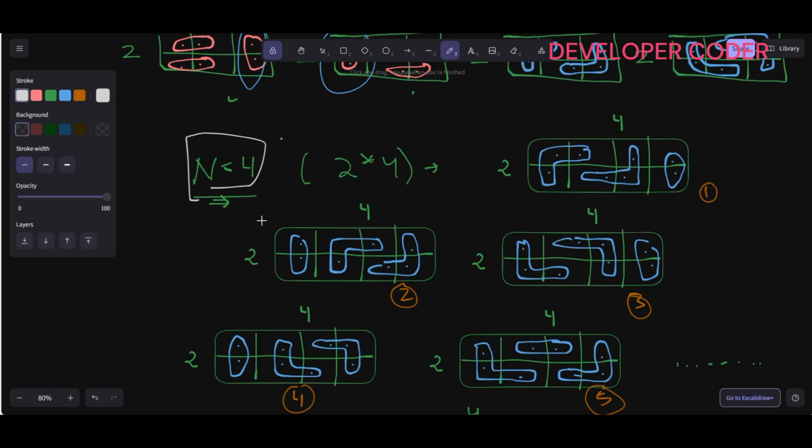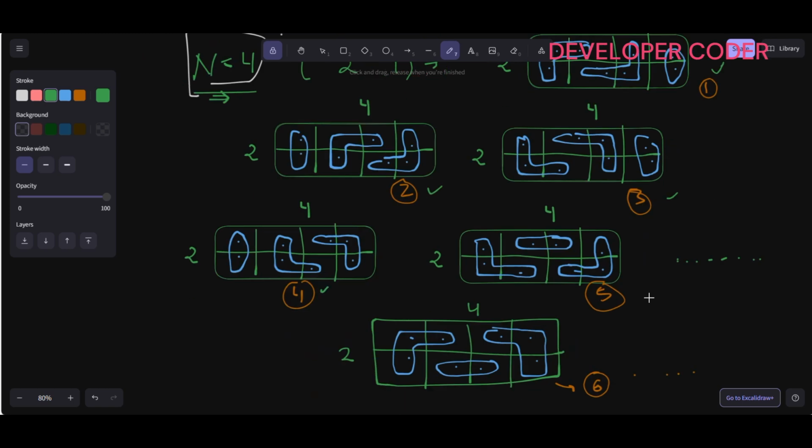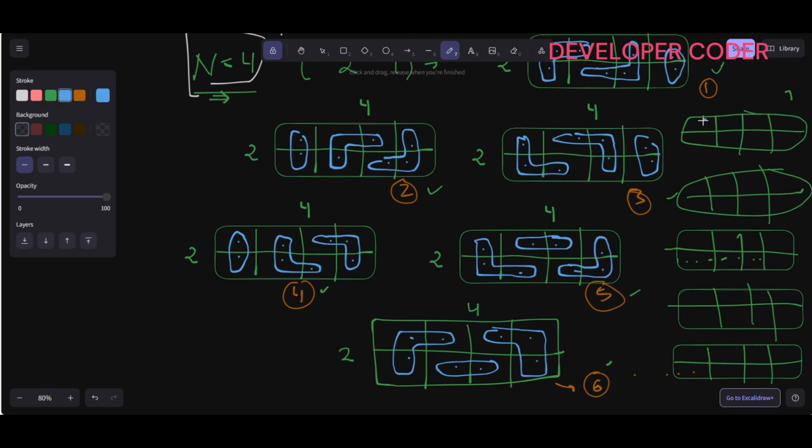So here with 4, let me tell you what are those 11 ways. This is 1, this is 2, this is 3, this is 4, this is 5, this is 6, and then 7. Let me draw using dominoes. First, if you use all verticals.